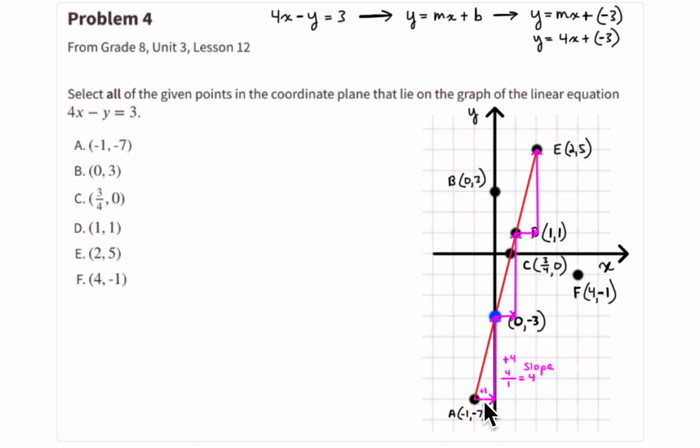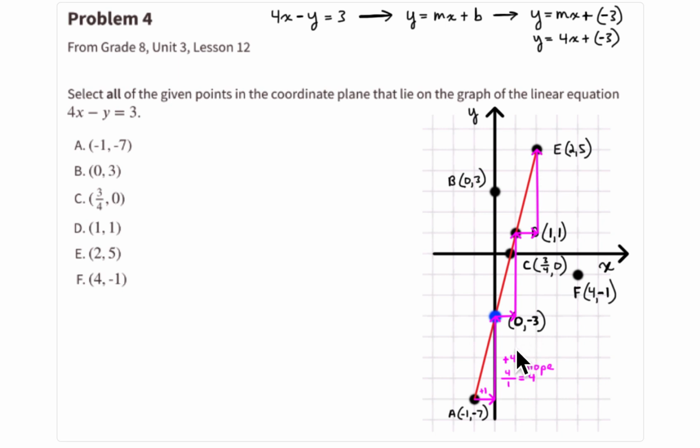If I go over 2 units, there's an 8 unit change in the y direction. 8 divided by 2 is 4. If I go over 3 units, 1, 2, 3, there's a 12 unit change. 4, 8, 12. 12 divided by 3 is 4.